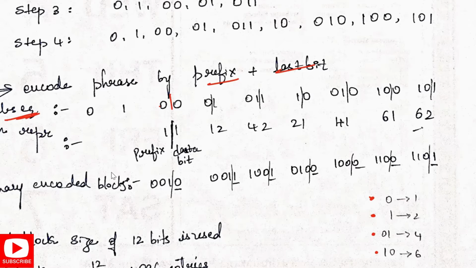Next for the 2 you will have to write it in terms of 8421. In that format you need to encode them, that is 8421. So for the 4, you can write it as 100. For 2 it is 010, for 4 it is 100, for 6 it is 110. That is how you write the binary encoding block of the prefix.